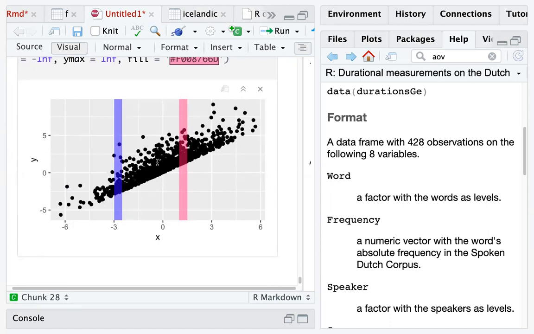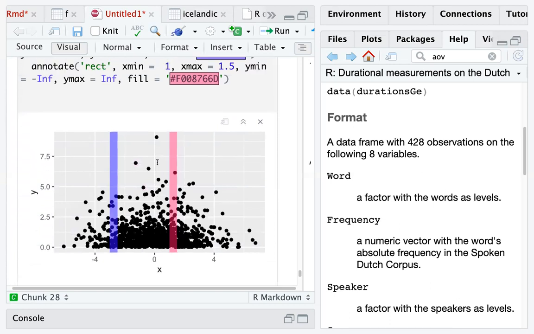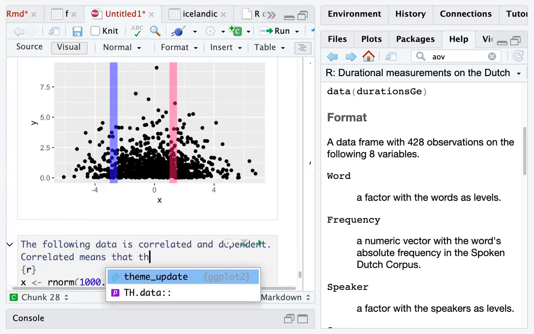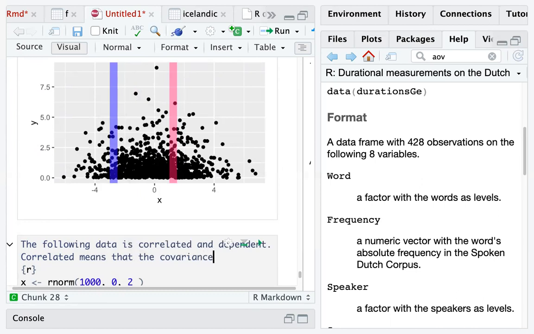data which is correlated, which has a covariance which is not zero. So let me write it. Correlated means that the covariance is not zero.